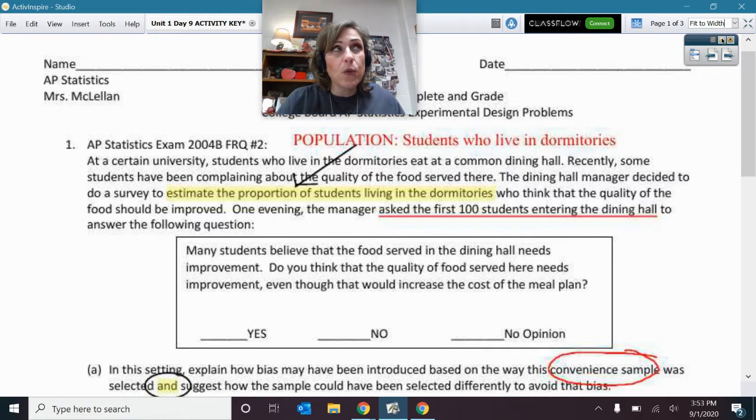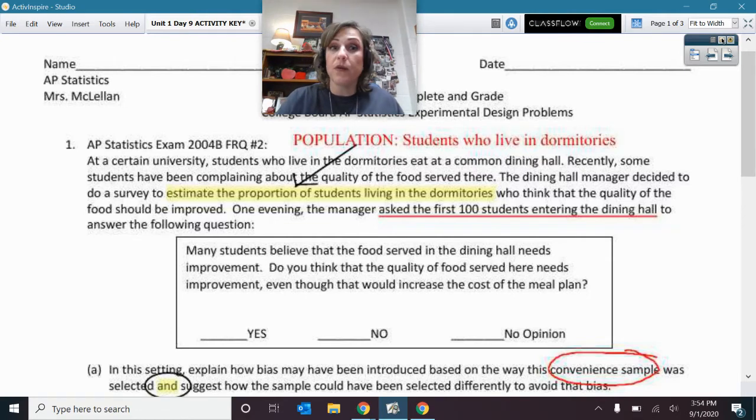So that means they are wanting to make an opinion statement about the students living in the dormitories. So we need to make sure that the people they ask are representative of the students living in the dormitories. But look, one evening, the manager asked the first 100 students entering the dining hall to answer the following question.